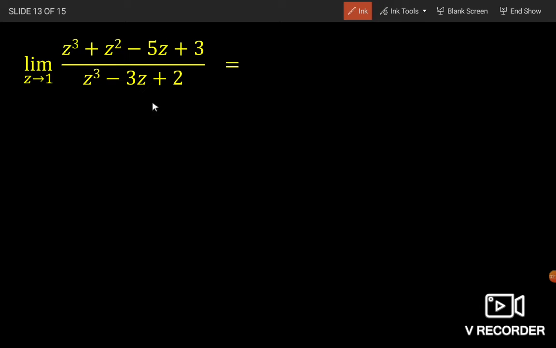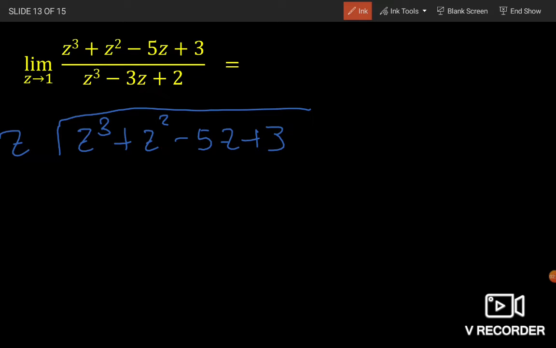Same case later in the denominator. So one way to factor it is to divide this term by z minus 1. To illustrate, you have here z cubed plus z squared minus 5z plus 3, divided by z minus 1.